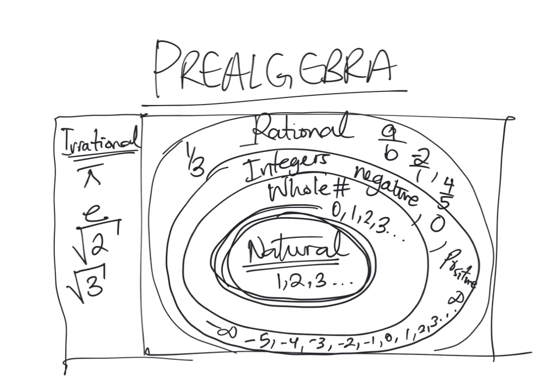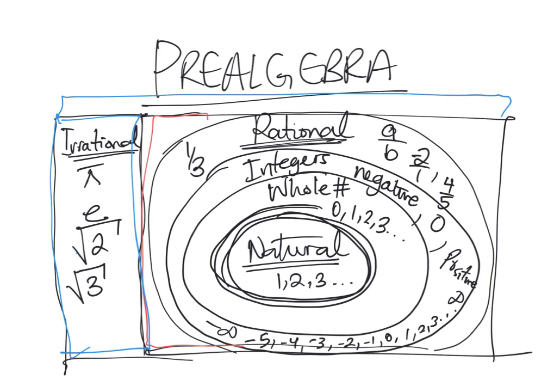So we have rational numbers on the right side, and irrational numbers on the left side here. All of these combined belong to one group though, and that is real numbers. All that I've been showing you here belongs to real numbers.